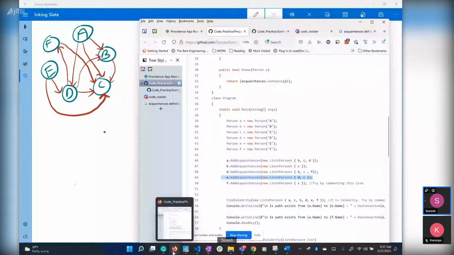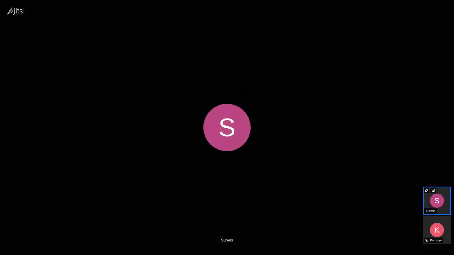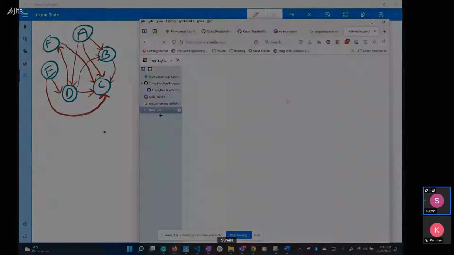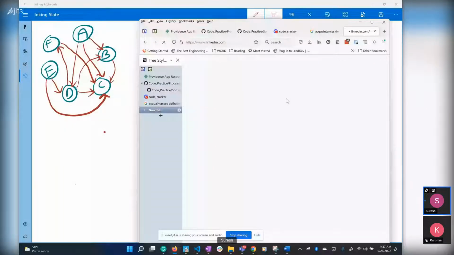Is it third or is it fourth? So if E and C are not connected directly but there is a connection through a middle node, it will show you second connection or something like that. It shows how many friends are between those two nodes.